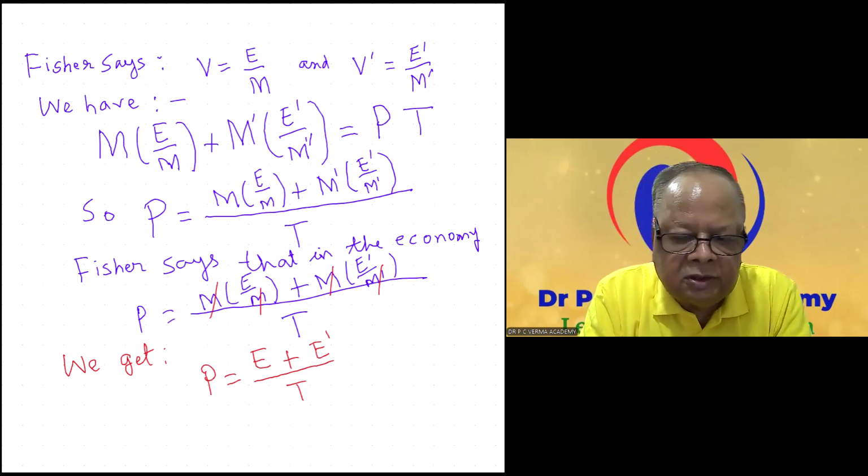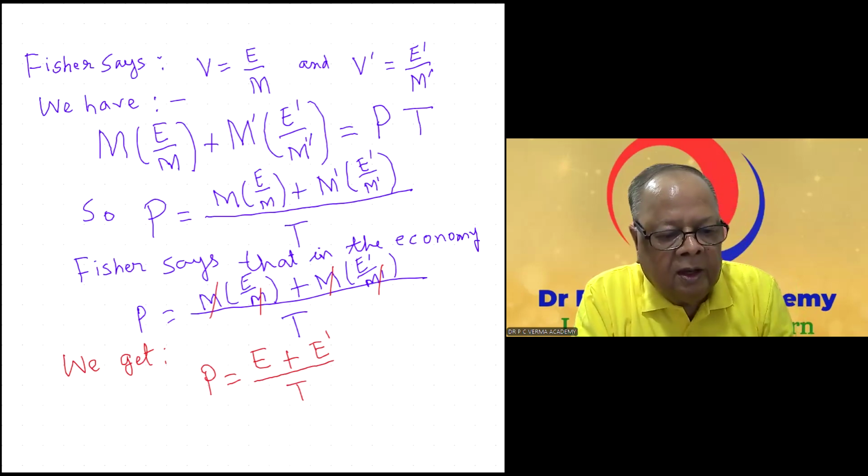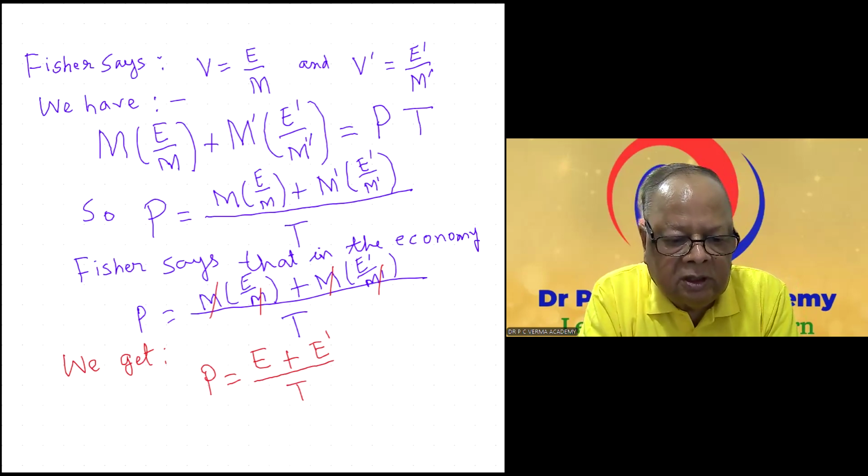E represents transactions by money, and E dash represents transactions by credit money. Then P is equal to E plus E dash by T in a closed economy.